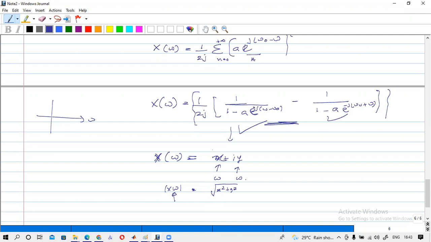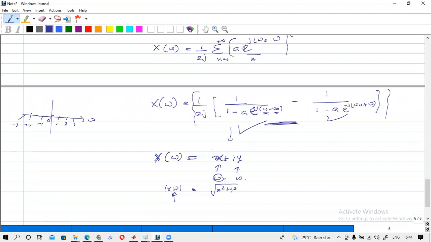You can say omega is equal to 0, 1, 2, 3, like that, and -1, -2, -3, like that. Then you have to calculate. So you will get this x and y with the omega value. This omega and omega naught are there.